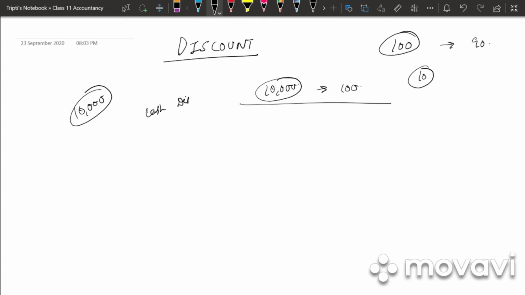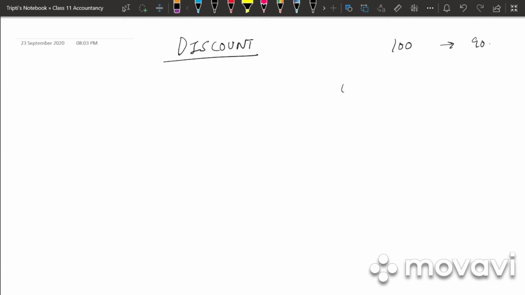So let us learn in detail what is cash discount and credit discount. So under discount, write down discount is of two types. First one, trade discount. Next line, second one, cash discount. So next line, write down the first one, trade discount.